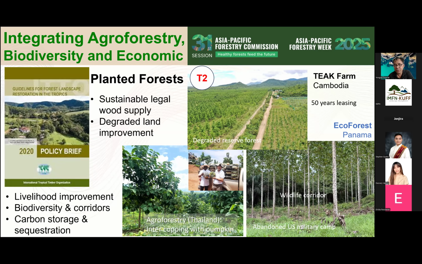And in another example, in Panama, this area used to be an abandoned U.S. military camp, similar to the degraded forest in Cambodia, and the lease is also 50 years. They grow teak also. This one is about 5 to 6 years old, but they also employ landscape restoration practice for biodiversity.